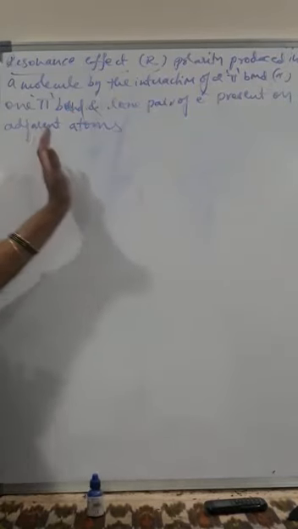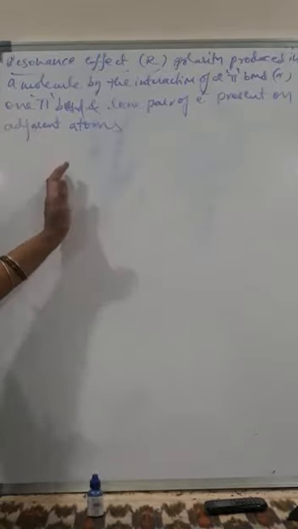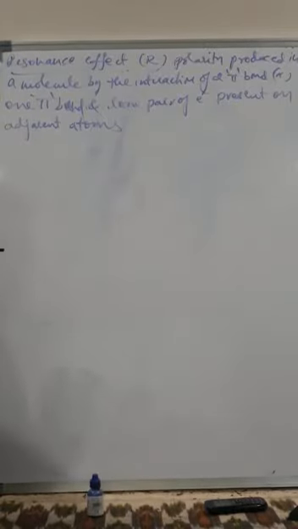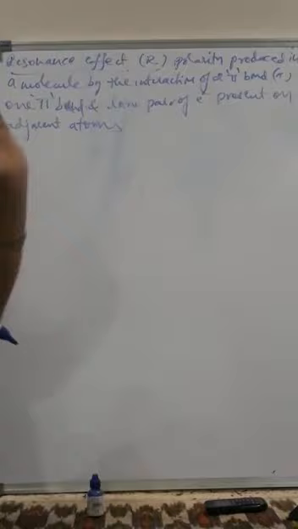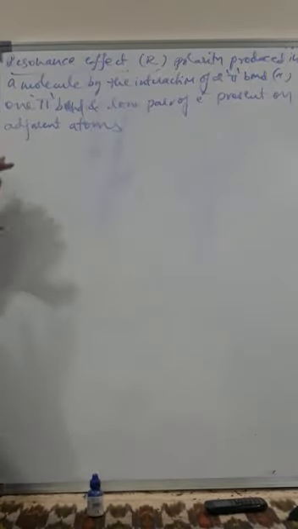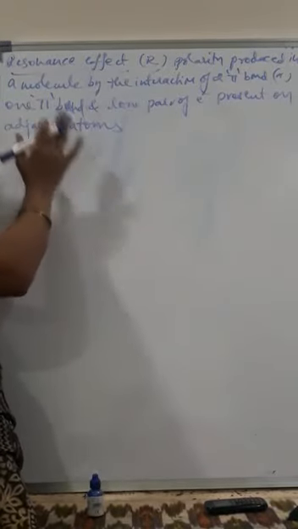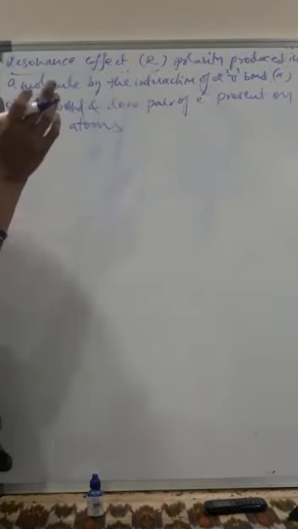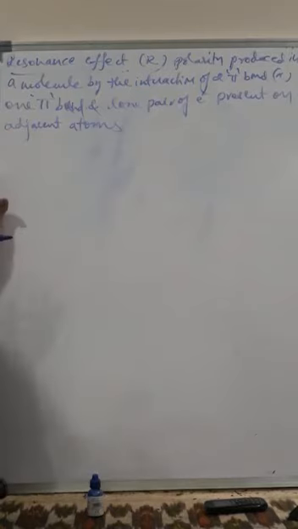Because the resonance effect involves pi electrons and sometimes sigma electrons also, whereas the mesomeric effect involves only pi electrons and lone pairs of electrons in the conjugative system. So that is the difference.